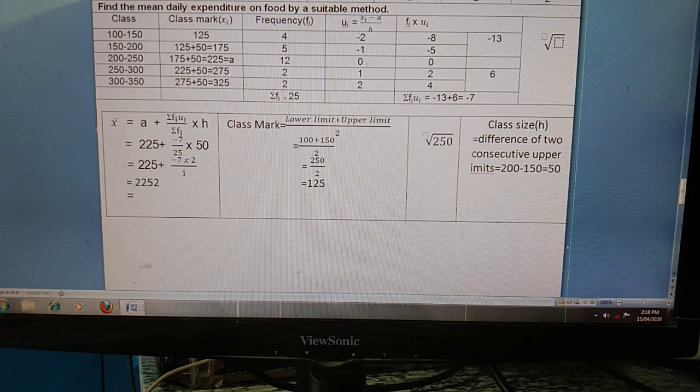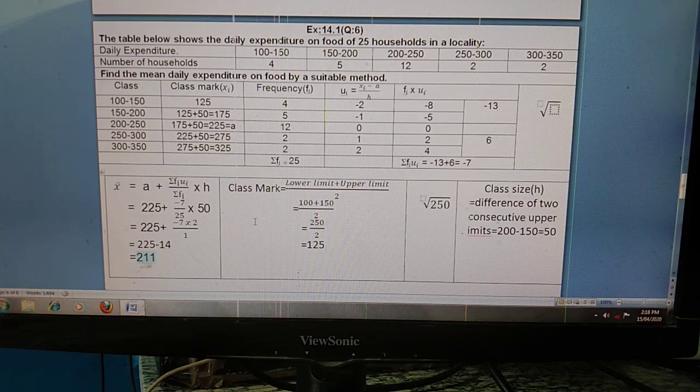So 225 minus 7 into 2, it will be 225 minus 14. So 225 minus 14, it will be 211. So here we have the answer. So the mean is 211. Go through the whole method once again.